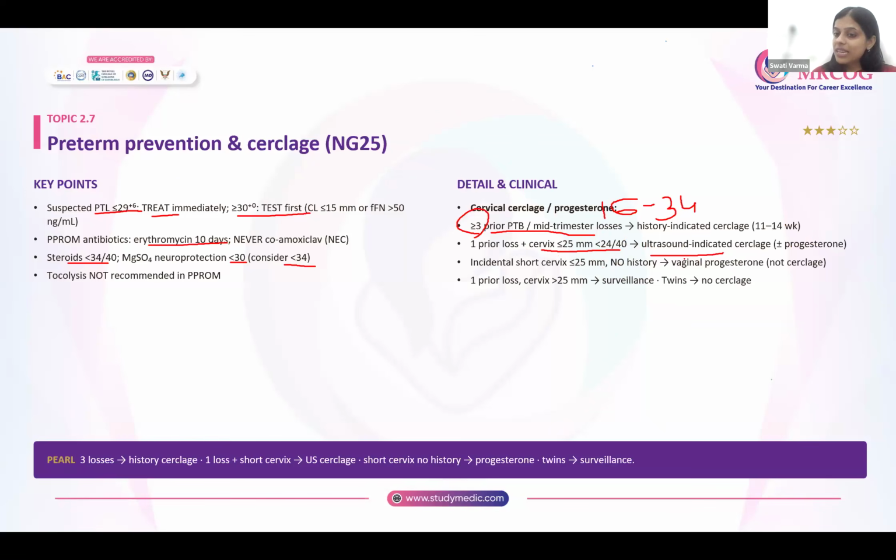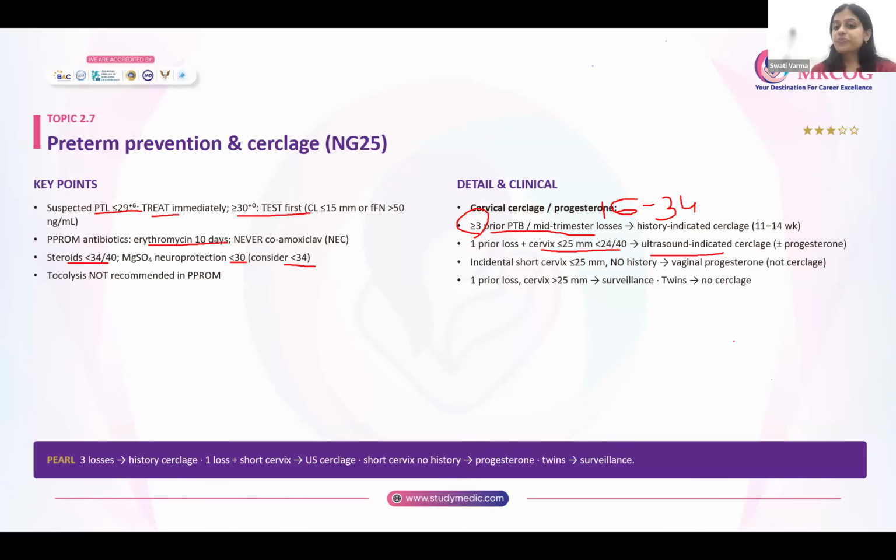Now, according to NICE guideline, vaginal progesterone can be given if incidentally short cervix is found in a lady who has got no risk factor. Even in the absence of any risk factor, if the lady is found to have a short cervix, that is 25 mm or less, then consider prophylactic vaginal progesterone 200 mg capsules, okay?